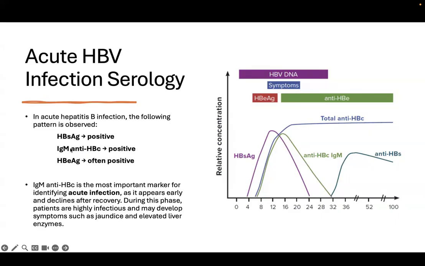It has to be of the IgM type. And in most cases, your E antigen is also often positive. But the most important marker when it comes to seeing if it's acute is an IgM anti-core protein. So it's not IgG, it's IgM.